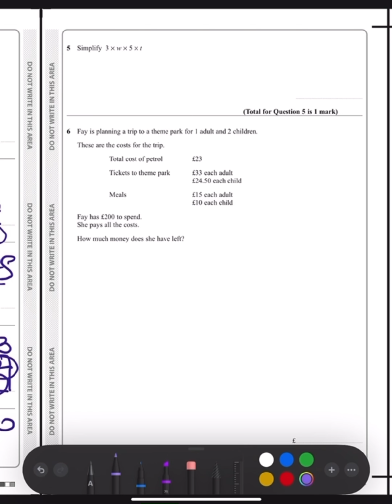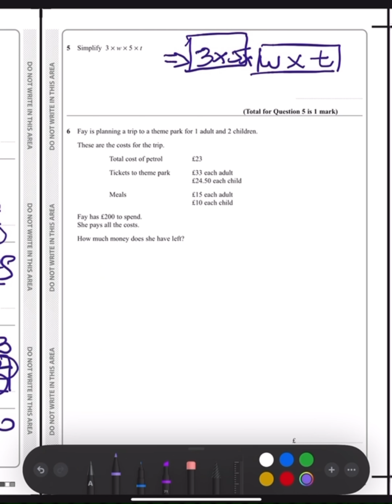How do we solve this? We can get the like ones together. Firstly, your first and foremost stage, to make it simpler and easier for you to understand, should be to bring 3 into 5, the only numbers, and then multiply by the other letters, which are W and T. So we know letters are on one side and the numbers on the other side, so that it is easier for us to multiply and get an answer.